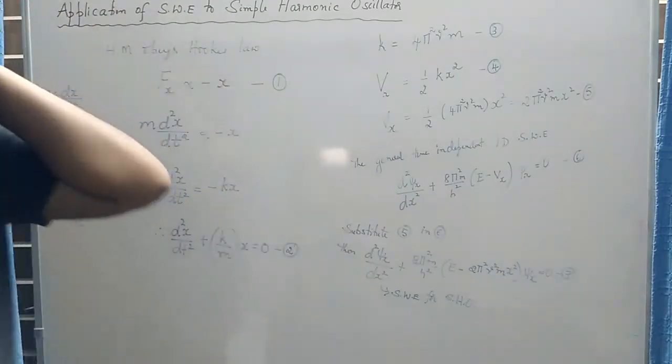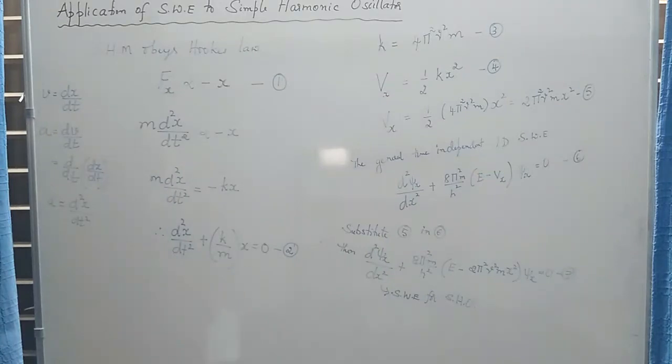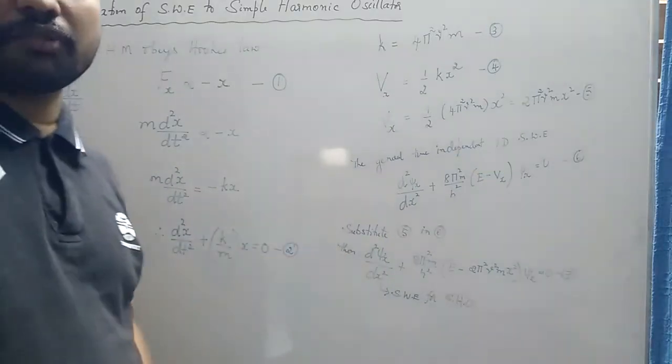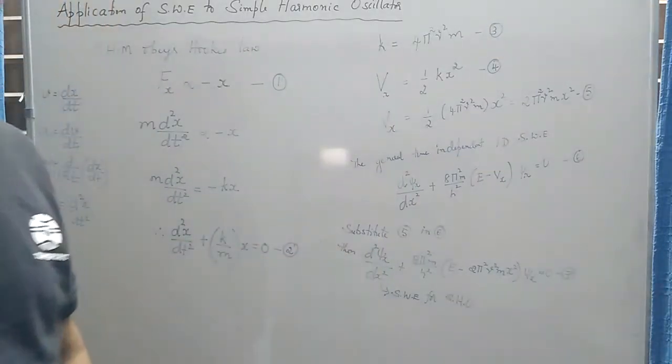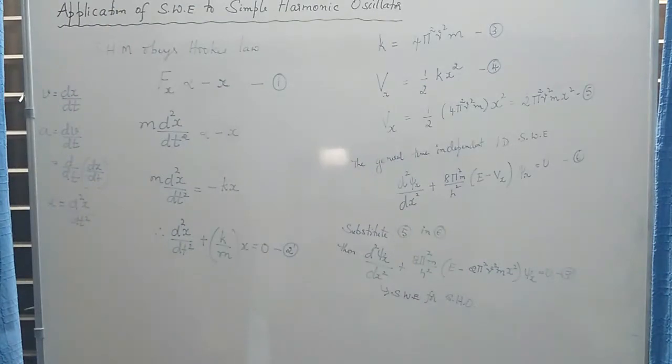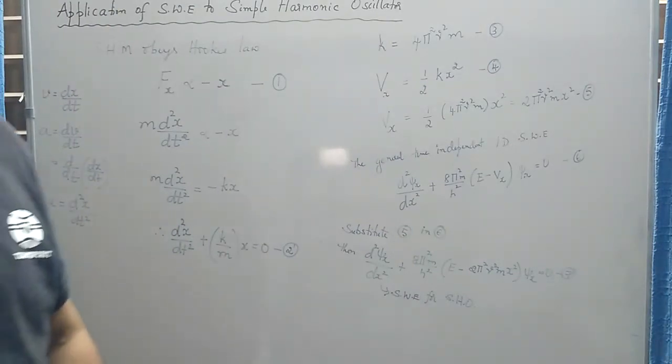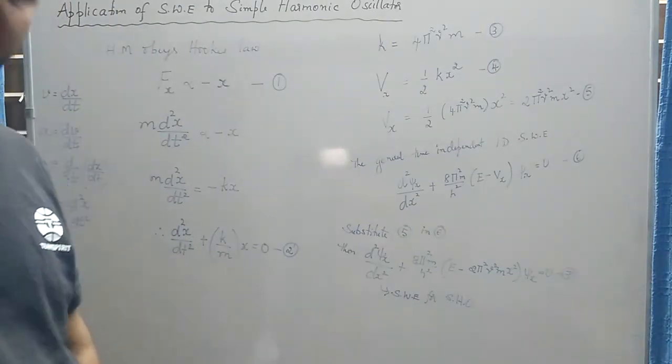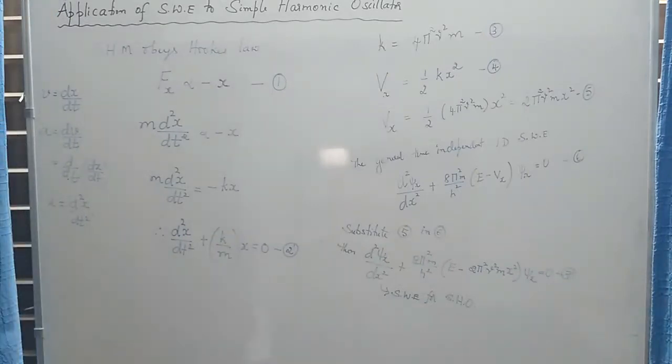This is a differential equation, but solving this one-dimensional differential equation is very complicated. If you go back to the particle trapped in a one-dimensional box, which is also a one-dimensional problem, there solving the Schrodinger wave equation was very simple. Why was it simple? Because the potential energy of the particle was constant there. It did not depend on the position.